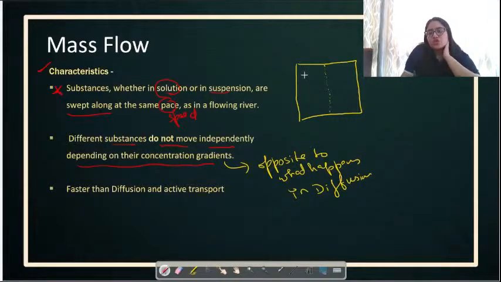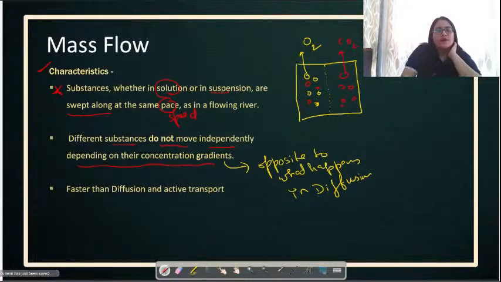concentration gradient. So for example, here I have yellow molecules representing oxygen gas, and I have some red molecules representing CO2. Now if you notice, CO2 molecules are here more. This is CO2, right?